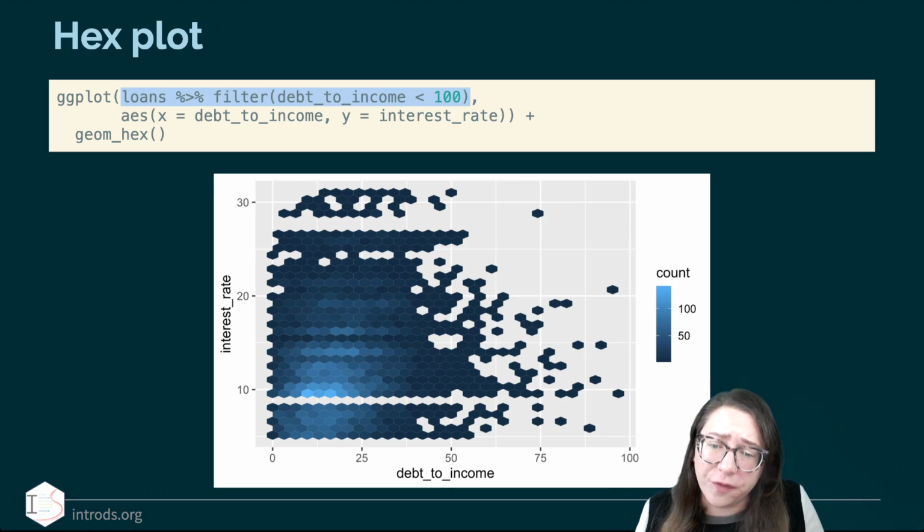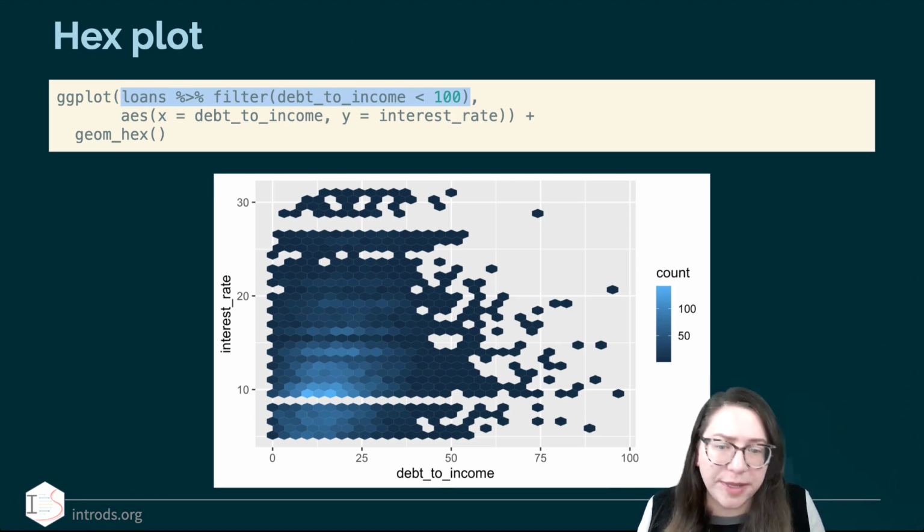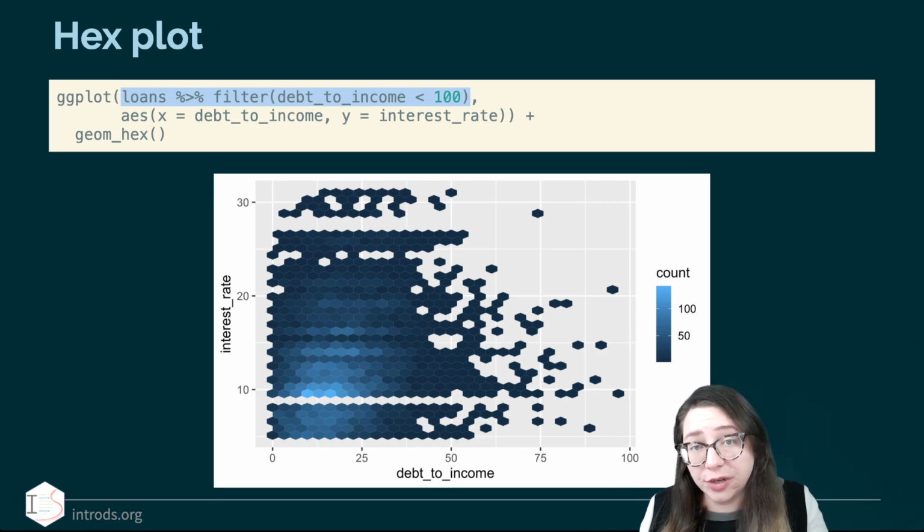And then also very few when your debt to income ratio is 0. This might be because if you have no debt whatsoever, you have no credit history whatsoever, so it might be difficult for the lender to judge your riskiness level.